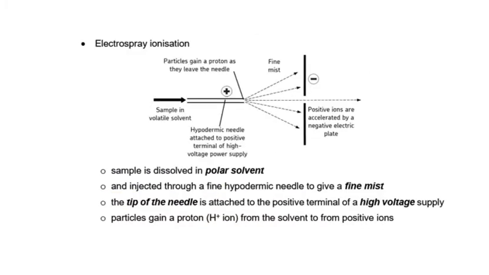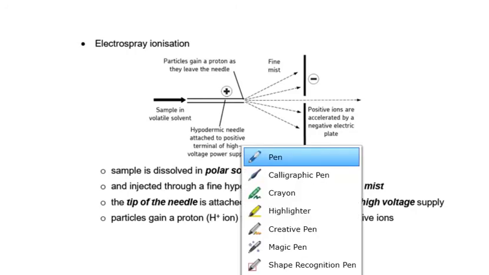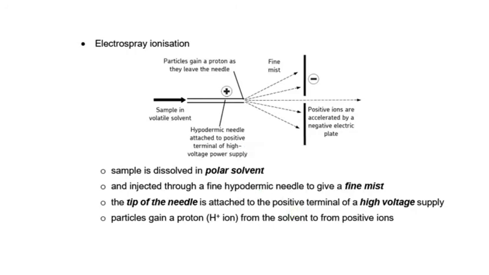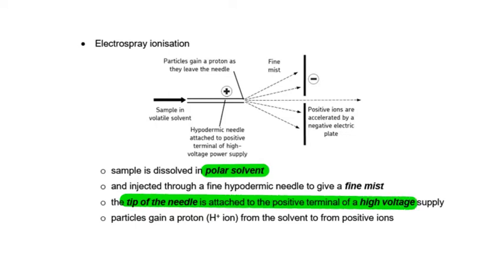Our second type, ESI, electrospray, we need to be able to say it's dissolved in a polar solvent, we talked about that, water or methanol, and injected through a needle. Now that needle is attached to the positive terminal of a high voltage supply. As they leave the needle, they're going to gain a proton from the solvent.